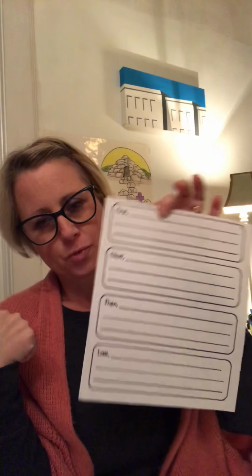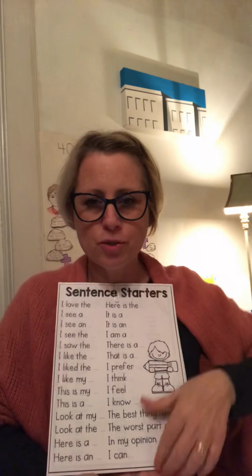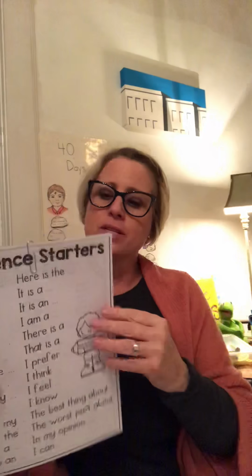Okay? So remember this. And remember that you have all of these sentence starters, all right, to help you with your journal. And then there's lots of good words in here, okay? Sunny, cloudy, kite, frog, grass, tadpole, ladybug.